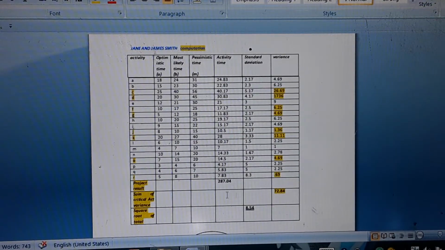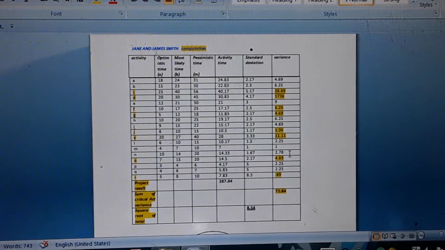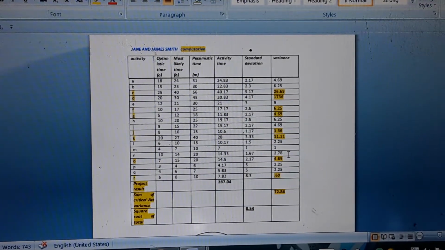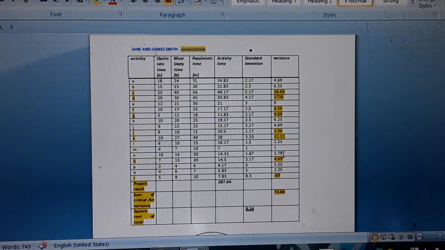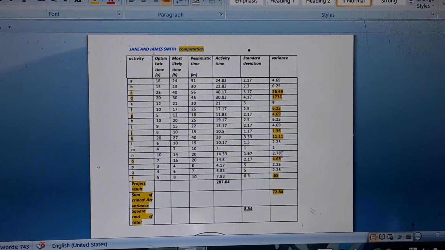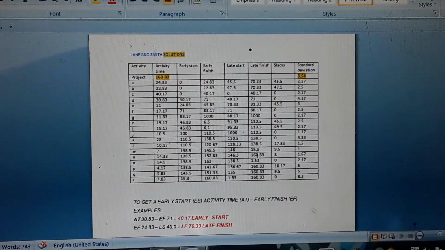So, for the variance, the total of the critical variance, if you can see the yellow highlight is the critical activity variance. Then the total of critical variance is 72.84. And the total project result of activity time is 287.4. And then the Jane and Jim Smith solution.